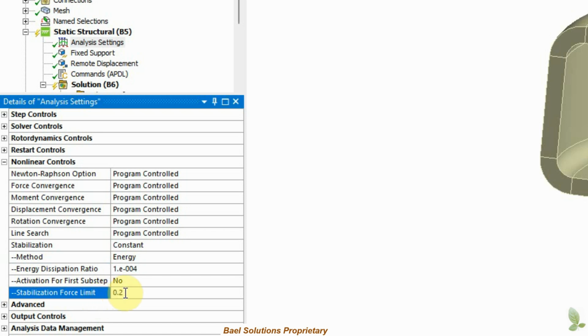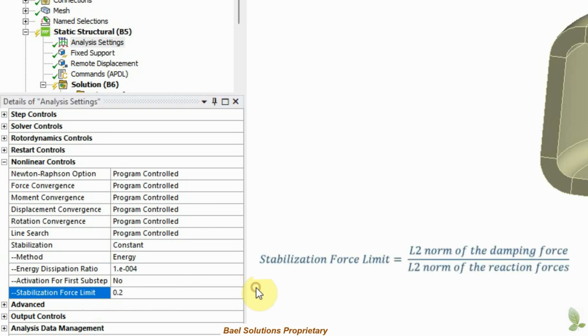By default, it is set to 0.2. It is the ratio of the L2 norm of the damping force to the L2 norm of the reaction forces. This stabilization force limit of 0.2 indicates that the L2 norm of the damping force can be maximum up to 20% of the L2 norm of the reaction forces.